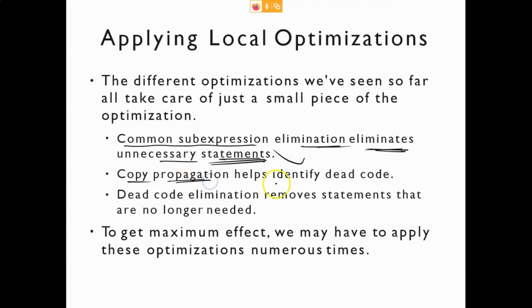Copy propagation, I think Jairam asked how it is going to help us. You can see copy propagation will help in identifying the dead code. After we apply copy propagation and then dead code elimination, we will see that many statements become dead. This is how copy propagation helps us.